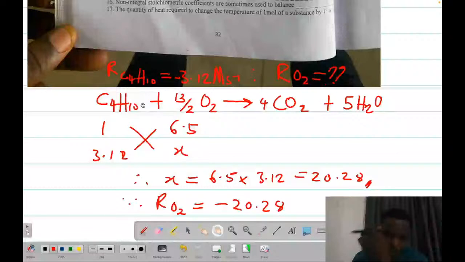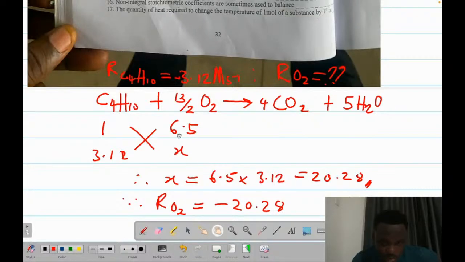Now they gave us the rate of C4H10, that's butane, to be equal to this. This is the one we are asked to find. So just make X subject of the formula. You cross multiply, X becomes 6.5 times this, which is 20.28.